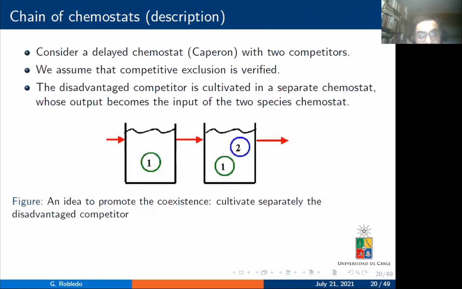We will consider a delayed chemostat in the Caperon sense with two species in competition for a nutrient. We will assume that the competitive exclusion is verified. So we will assume that in this vessel, we have the competitive exclusion, and we cultivate the disadvantaged competitor in a separate chemostat.